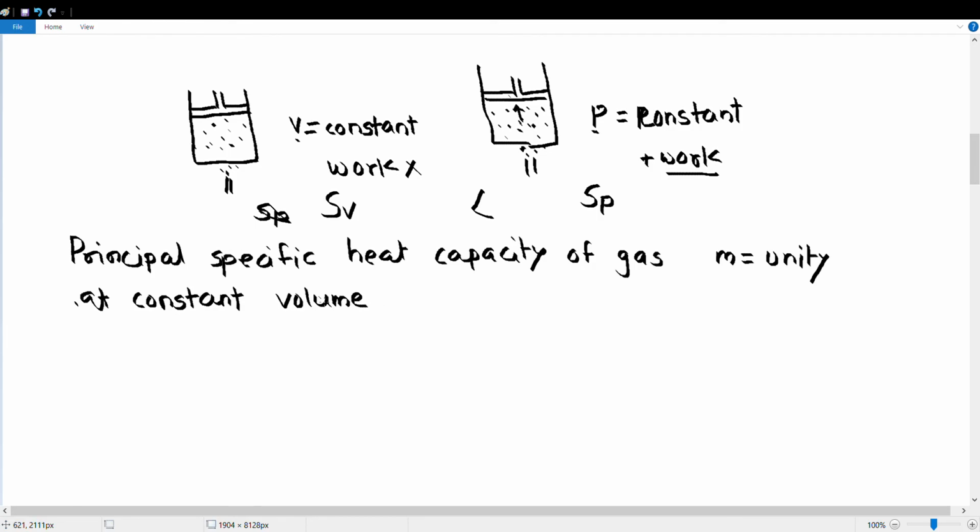The principal heat capacity at constant volume is denoted by Sv.